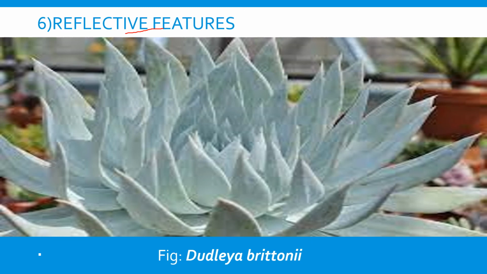You can see here a plant which is a main example of a xerophyte, and this plant is Dudleya brittonii, and it has a white or chalky surface, which is a wax on its leaves, and this white color has a speciality of the highest UV ray reflectivity. The UV rays are present in the sunlight, and when the sunlight strikes, these leaves help in the reflection of the UV rays and thus help in the reduction of the water loss.